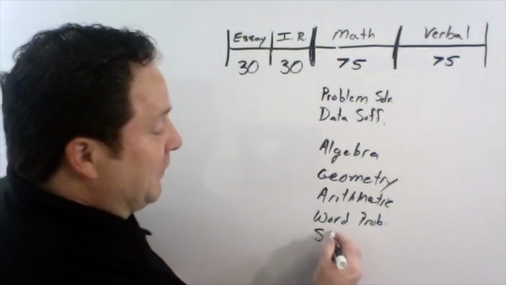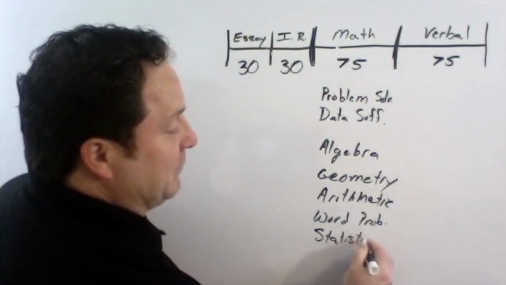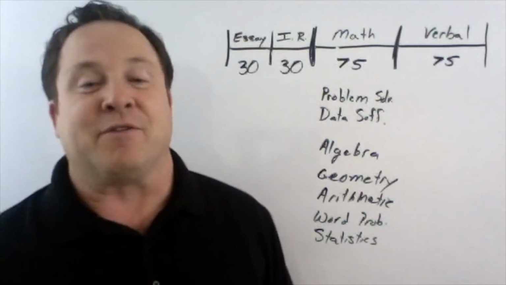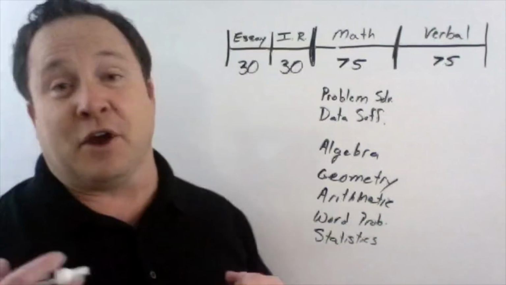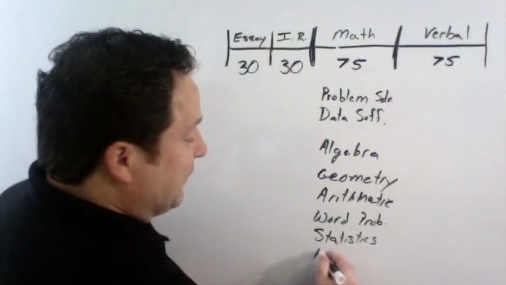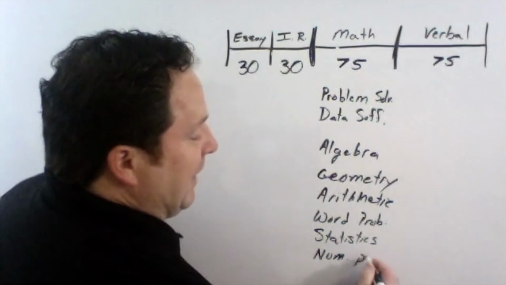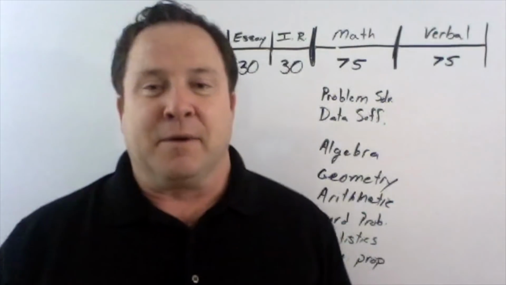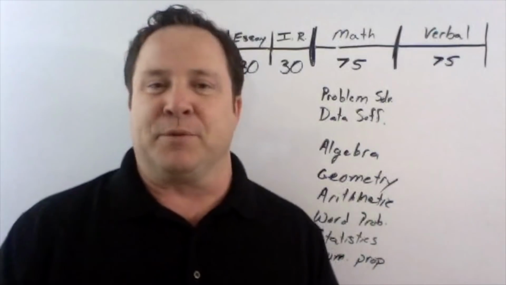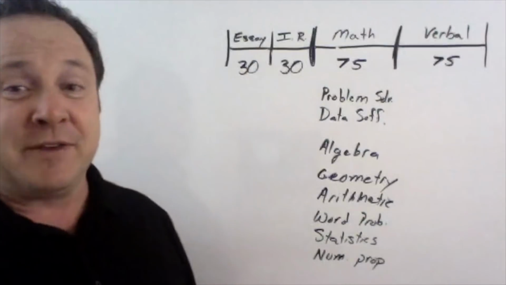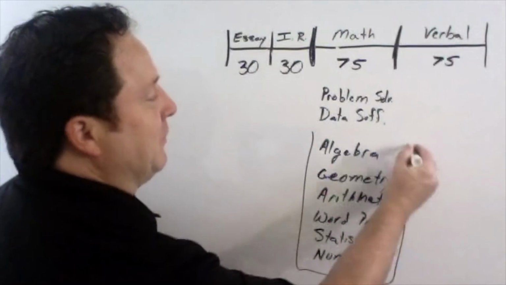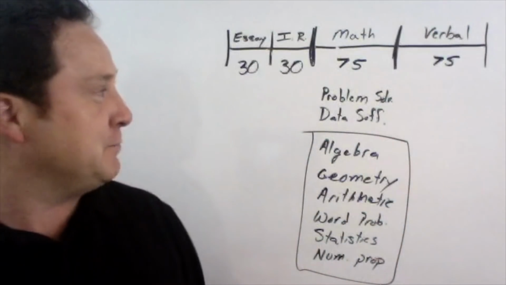You do have some statistics-based problems, things like averages, weighted averages. And then finally, you also have to deal with things that we just call number properties. And number properties are things like primes, factors, multiples, prime factors, and so a lot of things you just need to learn there. So that's the basic areas of math you're tested on the GMAT.